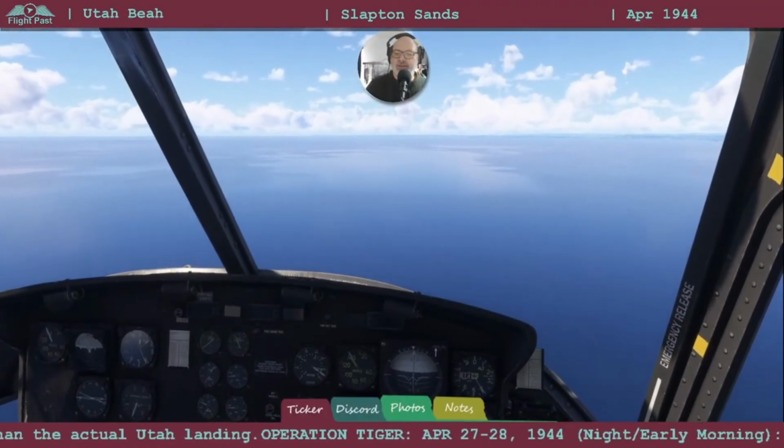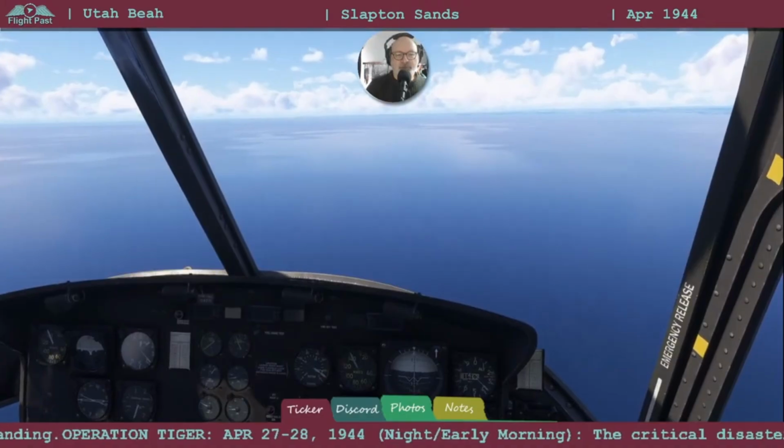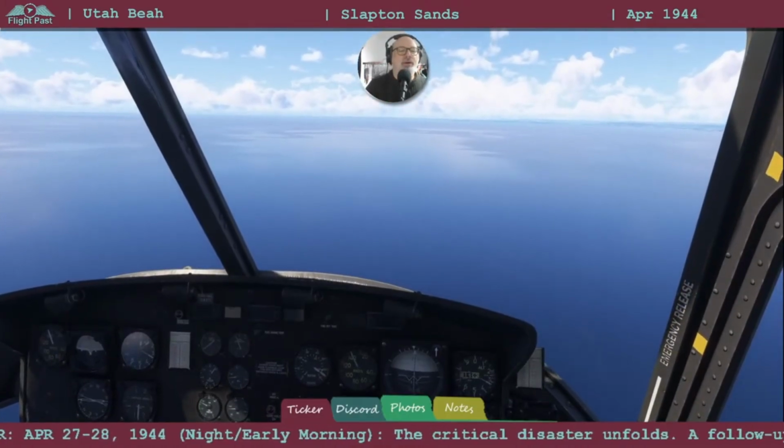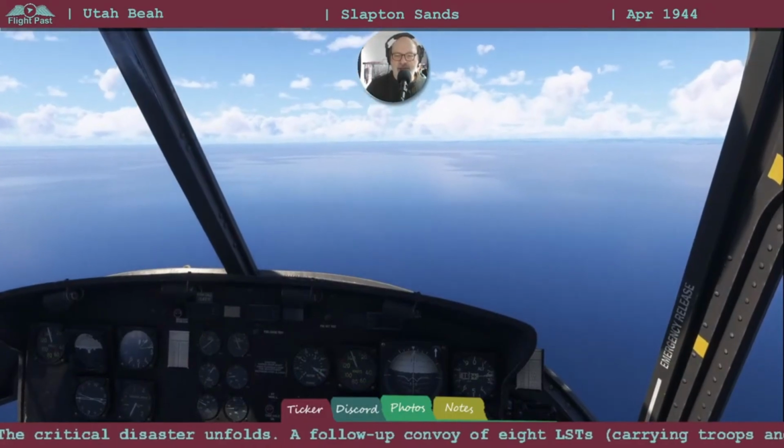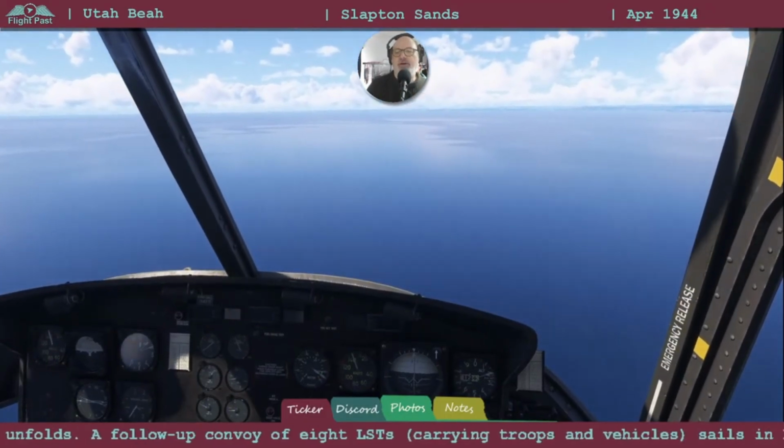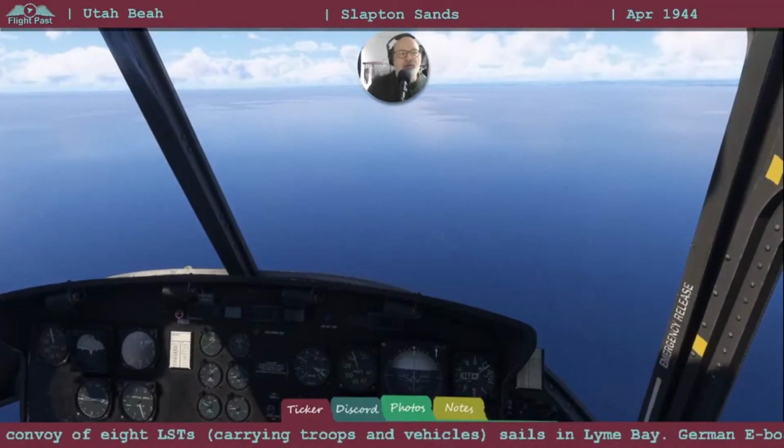Eisenhower had insisted that live ammunition was used so that the troops would get used to the sights, sounds, smells, feel of a naval bombardment.